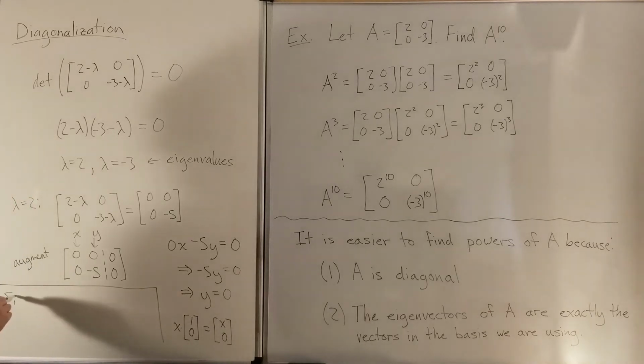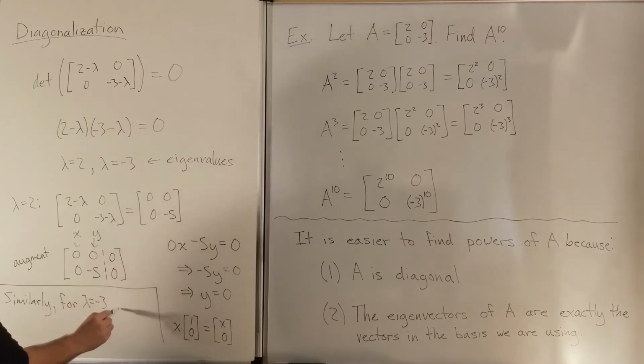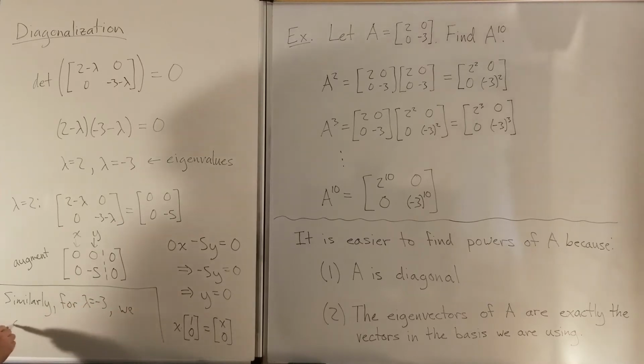So I'll just say similarly, for lambda equals negative 3, we get 0, y as the eigenvector.